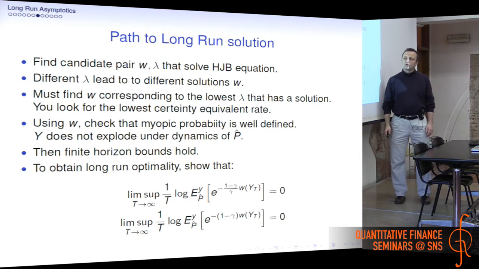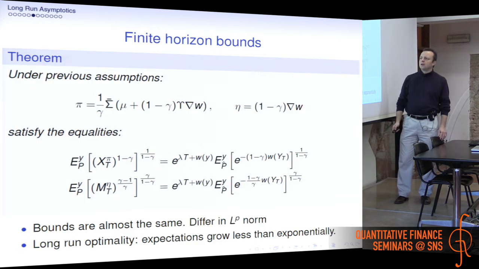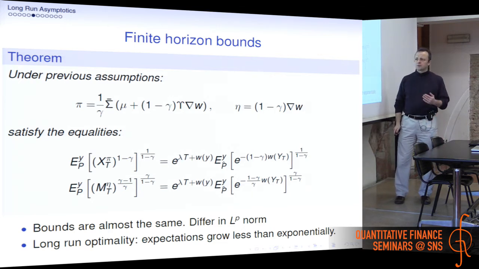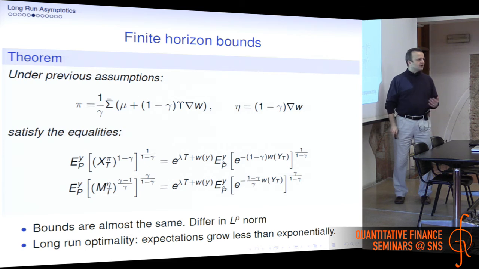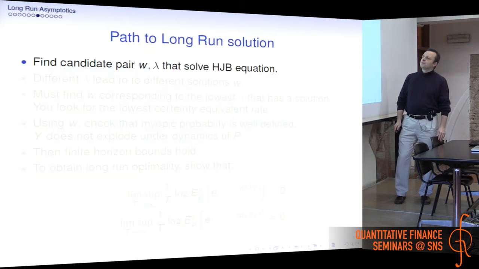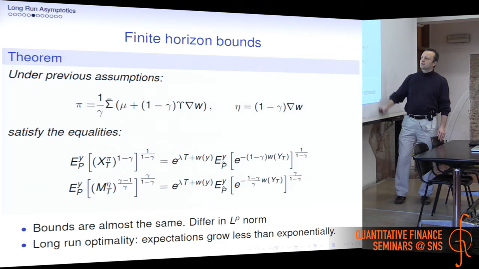Okay, so let me show you quickly the proof of the first, the finite horizon bound. I will not spend a lot of time on this, but I want to show you just because it's really easy once you do it properly. So the idea is that to prove this, we're actually going to prove something even more.